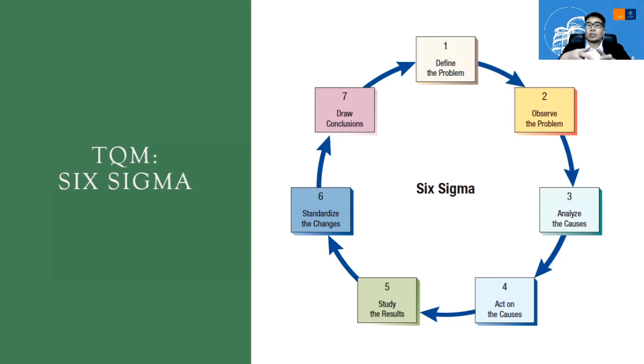And then afterwards, we need to study the results of our solutions. So does our result actually solve the problem or not? And then if it does, we need to standardize the changes which come from solving the causes of the problem. Once we standardize the changes, then we need to draw the conclusion.